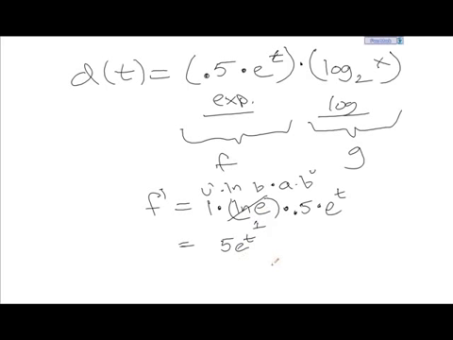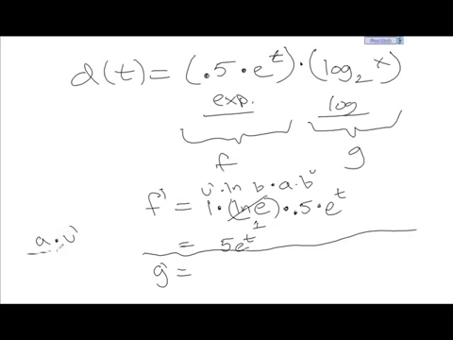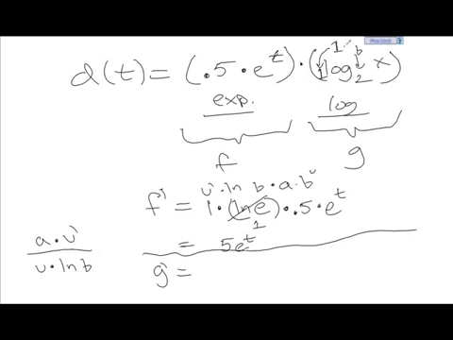Do the same thing for my log. G prime is equal to, I know that the formula for the derivative of a log looks like this. I'll write it off to the side here: a times u prime over u times the natural log of b. Well, what's my a? A is the coefficient out front. Since I don't see anything, I can say it's a 1. So this is my value of a.